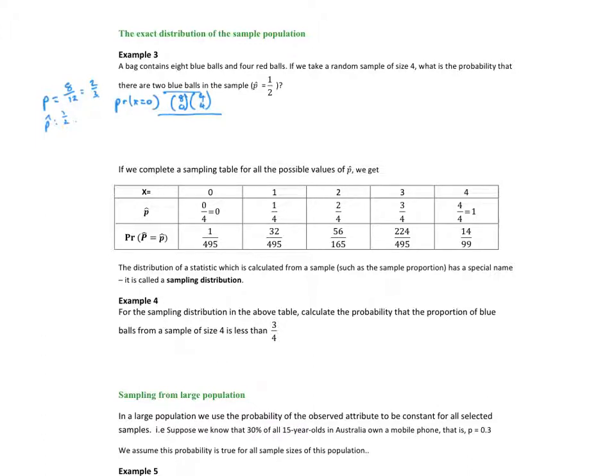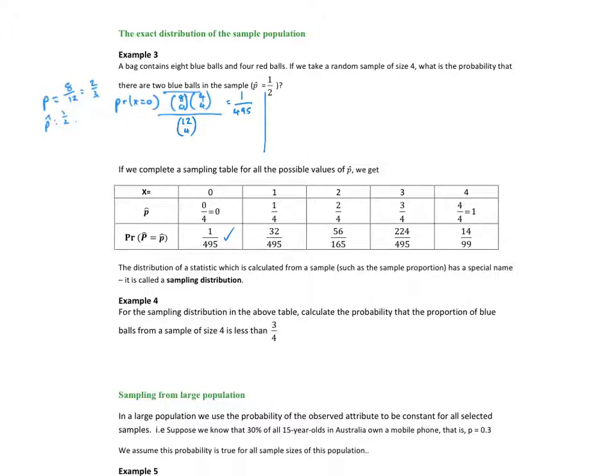Well, I've got 12 balls to pick from, and I'm going to pick 4. The top line is just how many ways I can pick 0 blue balls, and the bottom line is how many ways I can pick 4 balls out of 12. If I use my calculator and work that out, I will get 1 out of 495, since 12C4 is 495.